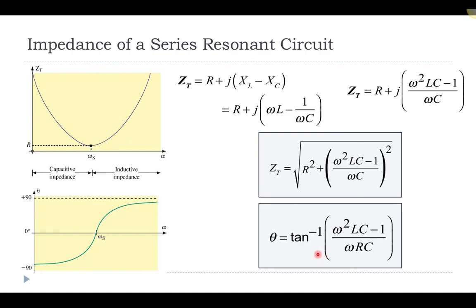We can also look at what the phase angle will be for our impedance. And so as we increase the angular frequency, same picture as above, our phase angle for our impedance should be positive, right, because the inductive impedance is dominating.